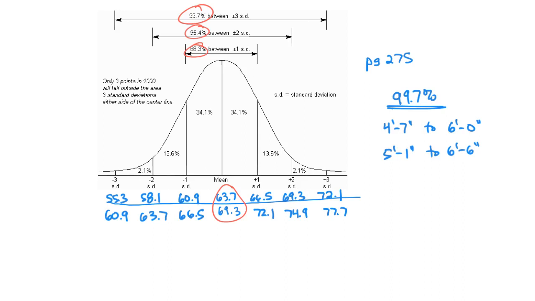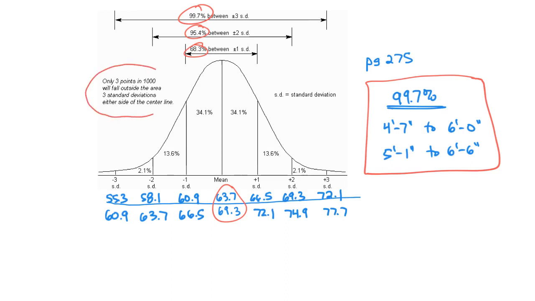So what that means is, just looking at this, 99.7% of American women are between 4'7" and 6 feet, and for men 5'1" to 6'6". So with 99.7%, if you randomly picked 1,000 American people, only 3 of those people wouldn't fit in here on average.